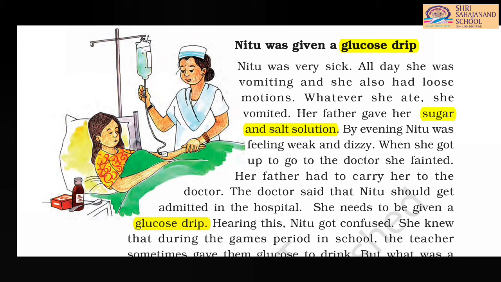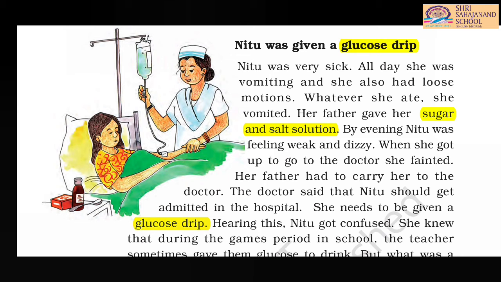You can sometimes give a salt and sugar solution to patients who have vomiting or loose motion. But here Neetu felt very weak and dizzy, so the doctor said Neetu should get admitted to the hospital. She needs to be given a glucose drip.